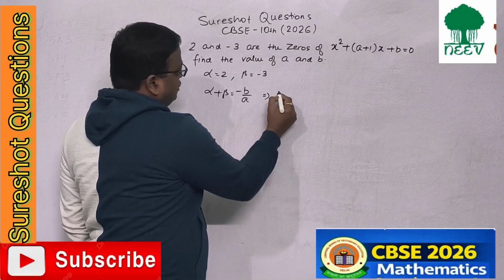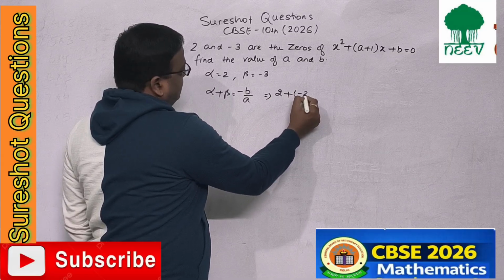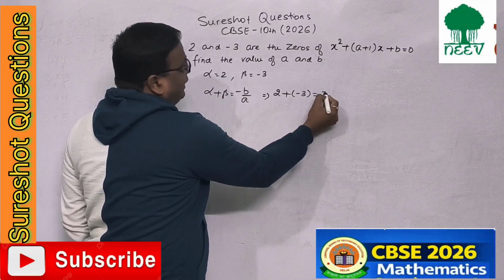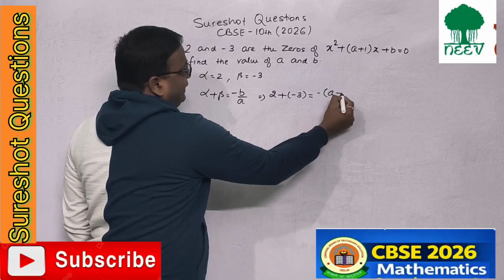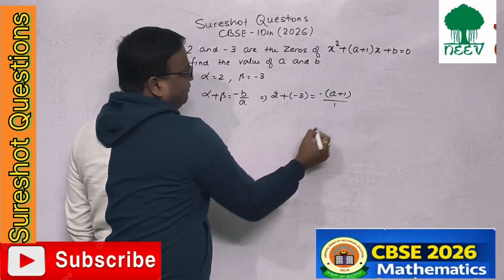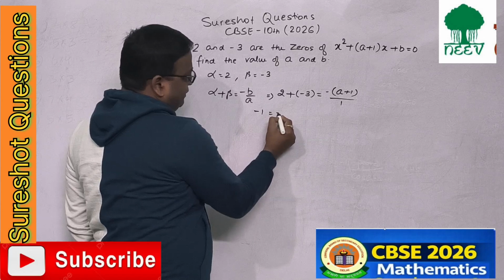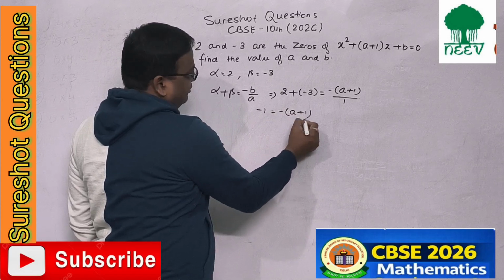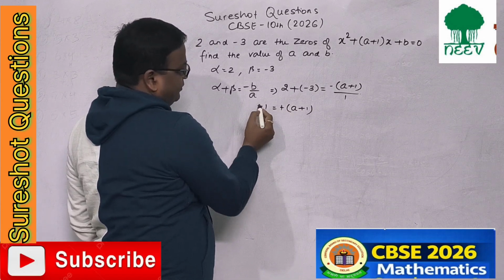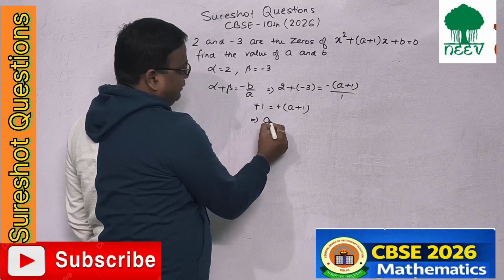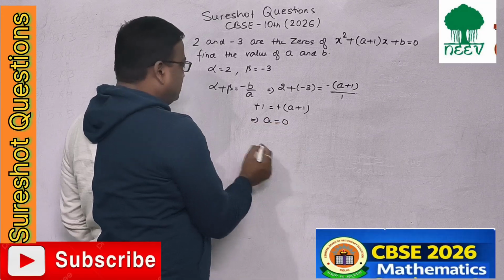So this implies 2 plus minus 3 is equal to minus, in place of b we have a plus 1 by 1. So this becomes minus 1 is equal to minus a plus 1, this implies the value of a is 0.